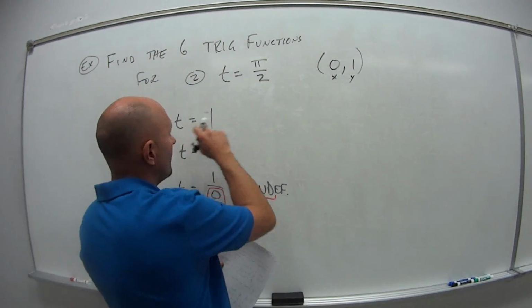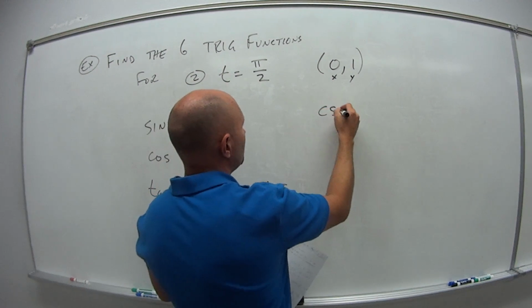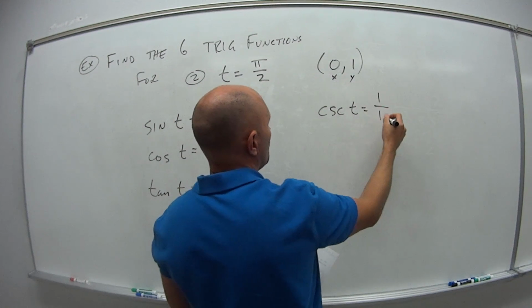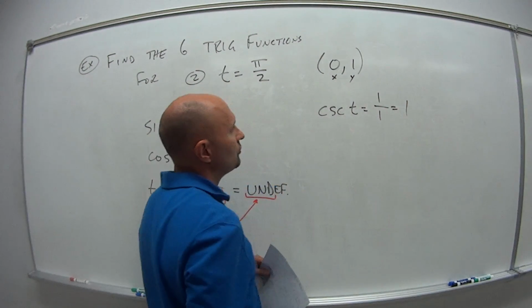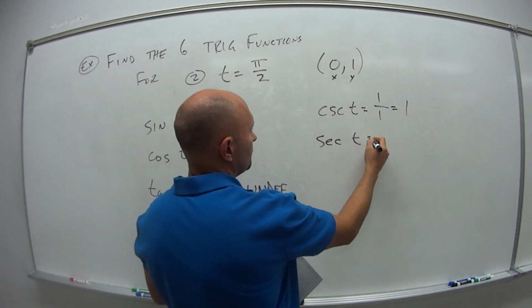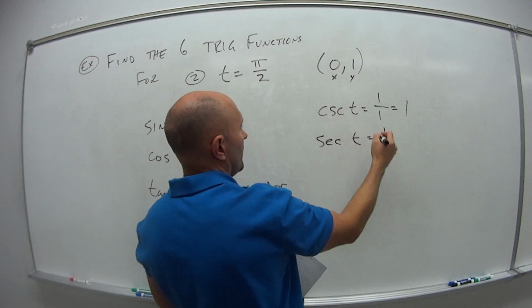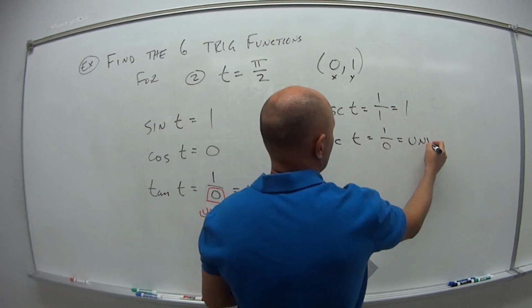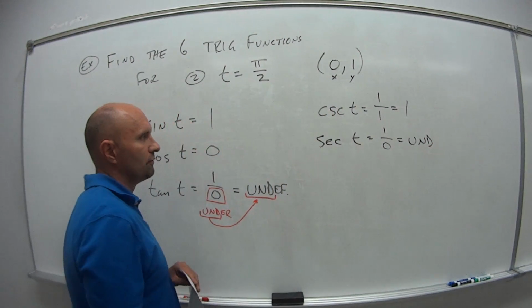The other 3: sine is related to cosecant, and that's just 1 over y. So 1 over 1, which is 1. Secant of t is 1 over x, 1 over 0. There's that 0 in the denominator again, so it is also undefined.